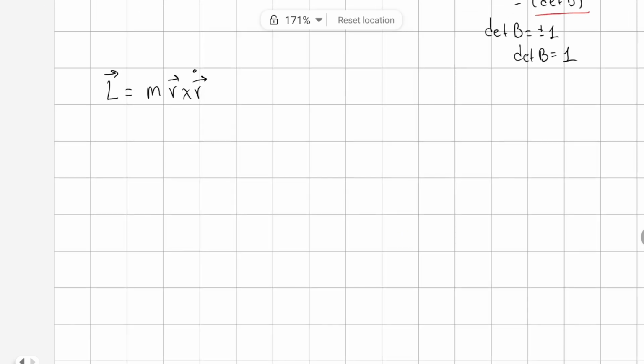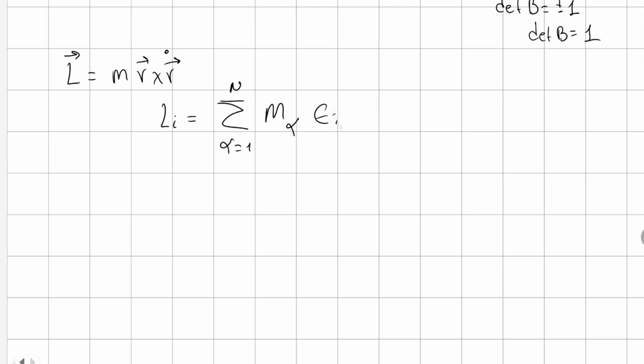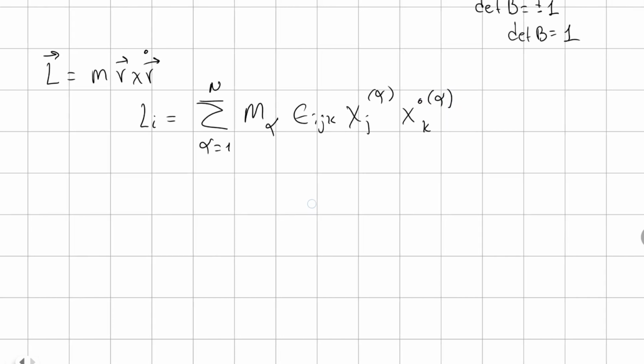So that is a very famous formula that says that the I component of the angular momentum can be seen as, and in this case for each particle of the rigid body, we will have the sum from alpha equals 1 up to n of the mass times the Levi-Civita epsilon ijk xj times xk dot alpha. Okay, we are using the famous formula for the angular momentum in terms of the Levi-Civita symbol.